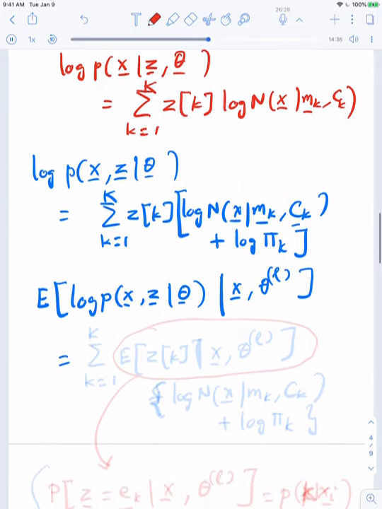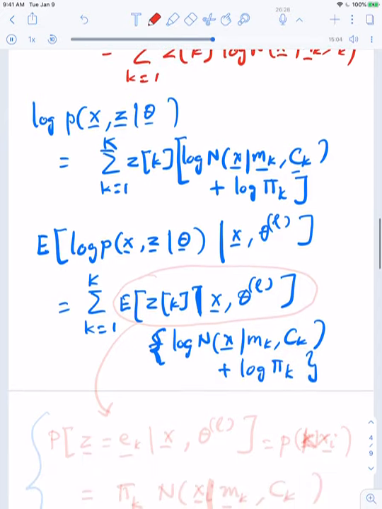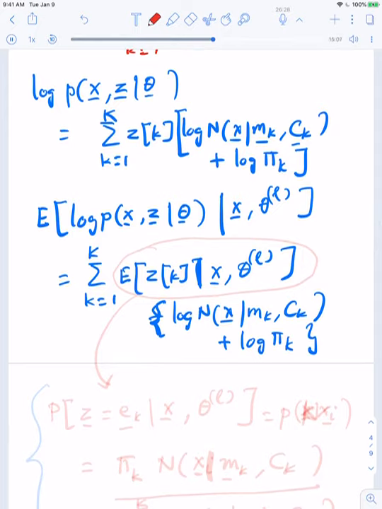So basically it's summation k equals 1 to K. I'm just plugging in the expectation of this given x and theta L, and the rest of it is unchanged. It doesn't depend on z. It depends on the parameter theta that we don't know. So those dependencies on x and theta we preserve. We are only averaging out the z's.